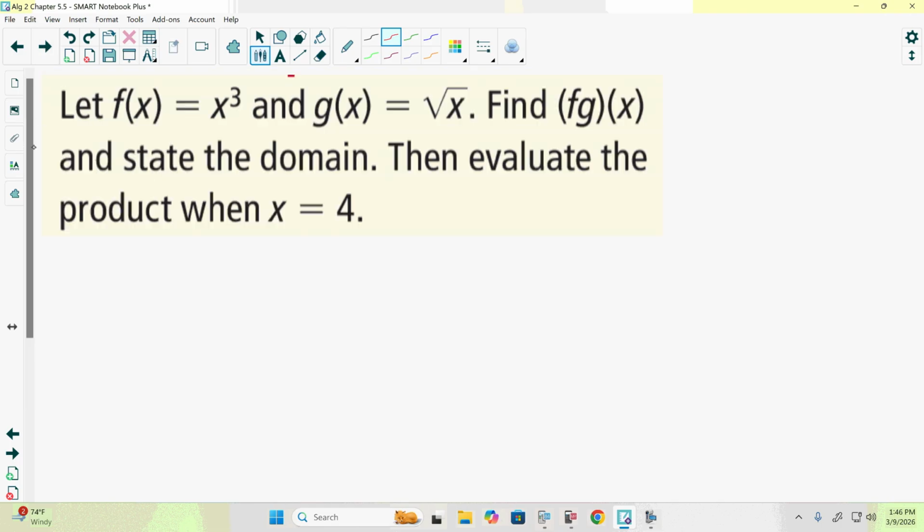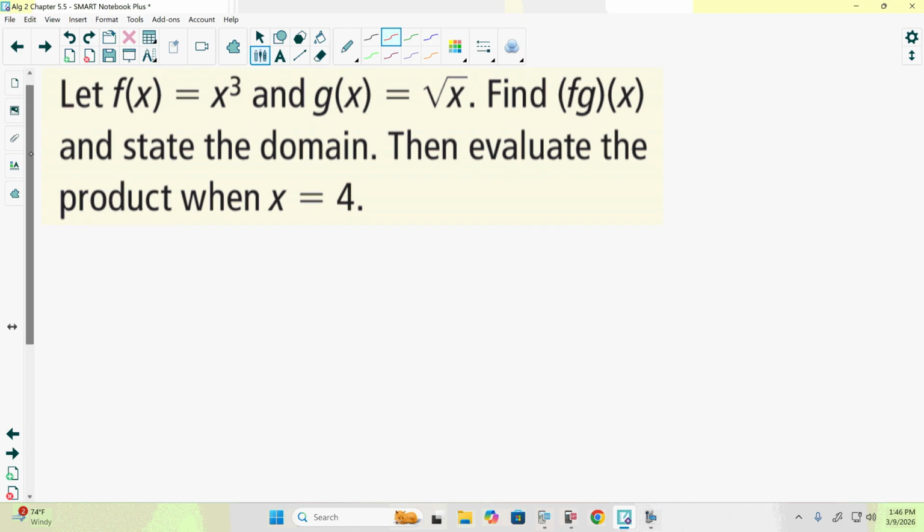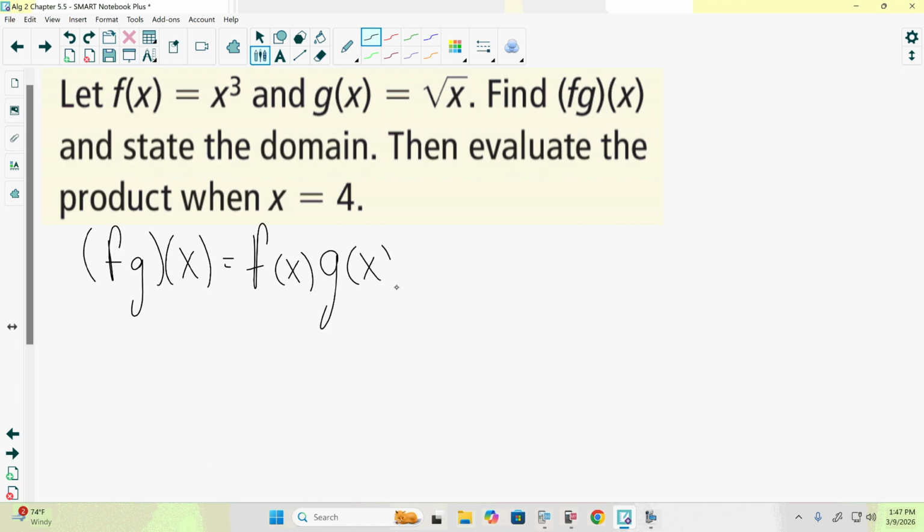But let's look at products. All right, guys. Let f of x equal x cubed and g of x equal the square root of x.